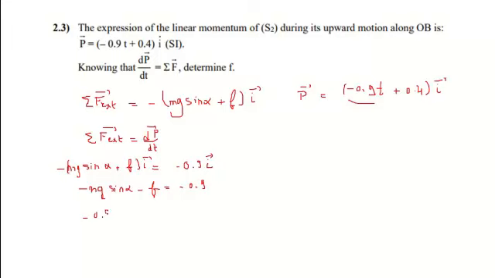So it's 0.8 times sine 30, which is half, 1 over 2, minus the friction equals minus 0.9. If we remove all the minus signs from the equation, then F will be equal to 0.5 Newton. Since this is 0.4, we get to 0.5 Newton, and this will be the answer.